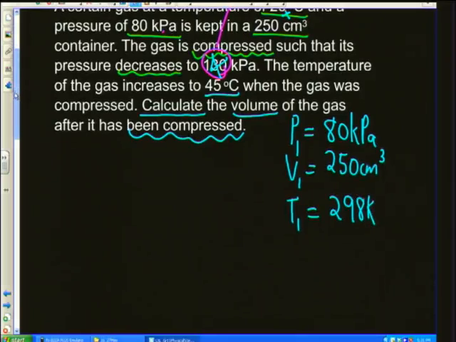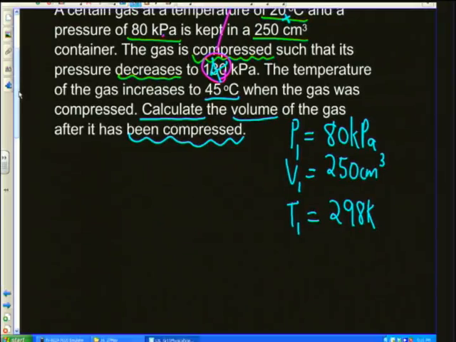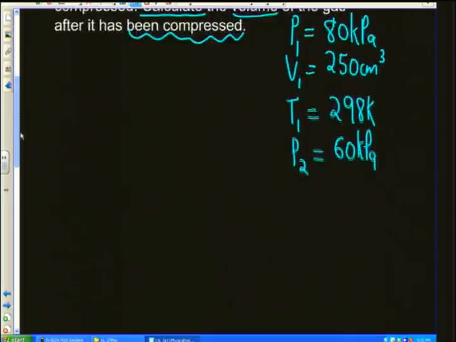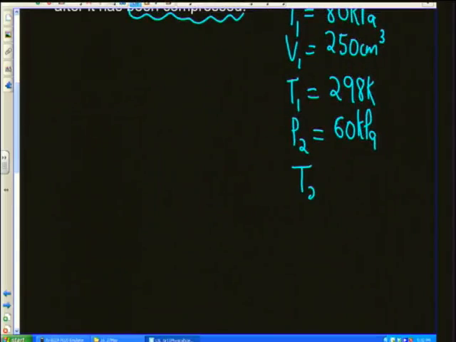And then you have the second part here. You are told that it is compressed such that the pressure comes to 60 kilopascals. When that happens, the temperature increased from 20 degrees to 45 degrees.